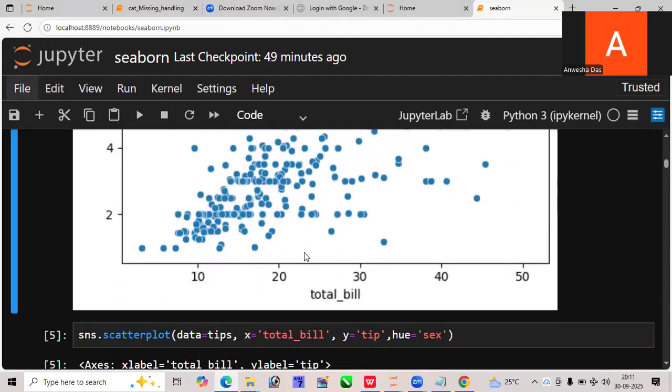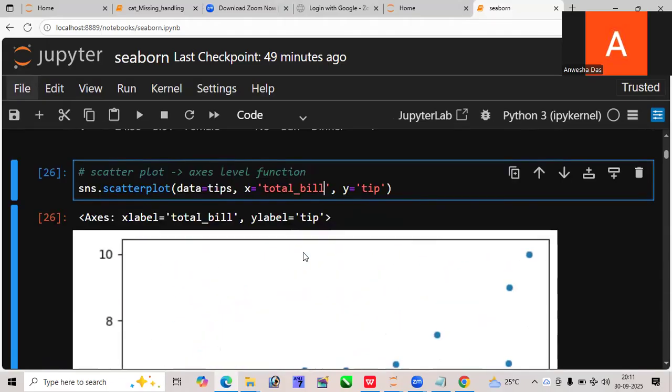So this is the scatter plot, and this is the axis level function. What is the meaning of axis level function? It means after sns, I have to mention the particular plot name. I will explain the axis level function again as well.